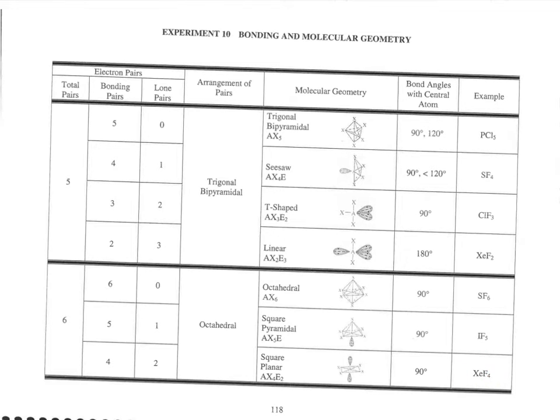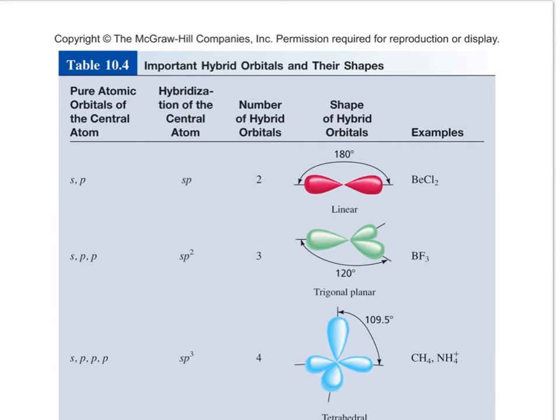Now, after knowing all of this, how can we determine the hybridization state of the central atom, or the hybrid orbitals of the central atom? To determine that, what we need to know is the arrangement of pairs: octahedral, trigonal bipyramidal, and the first 3 cases, linear, trigonal planar, and tetrahedral. So let's review.